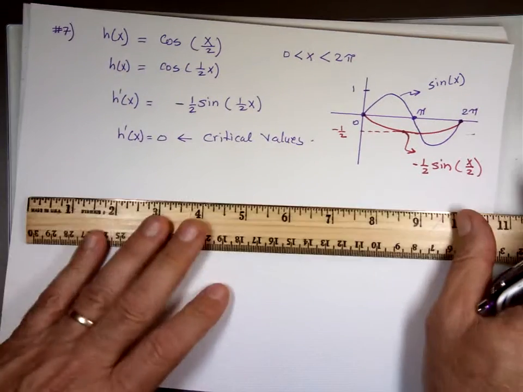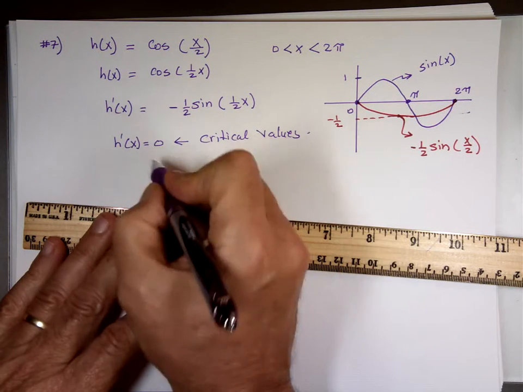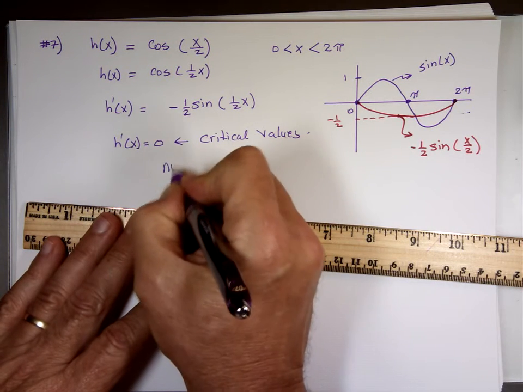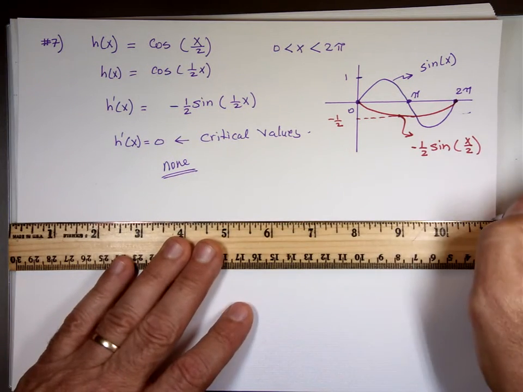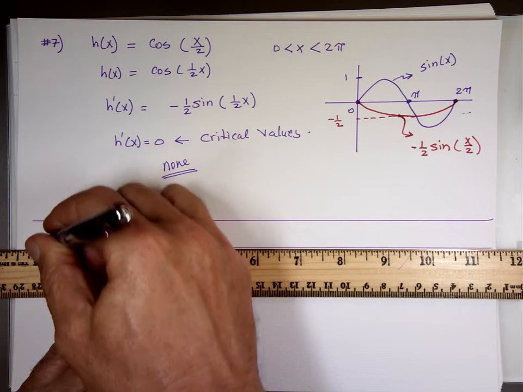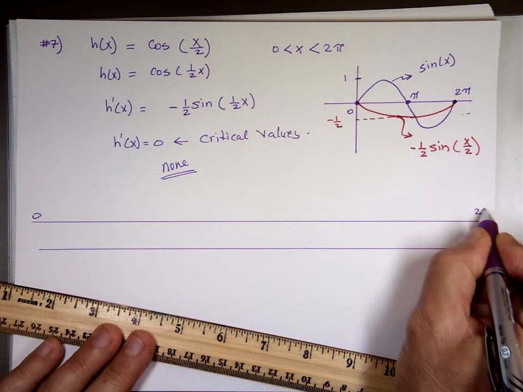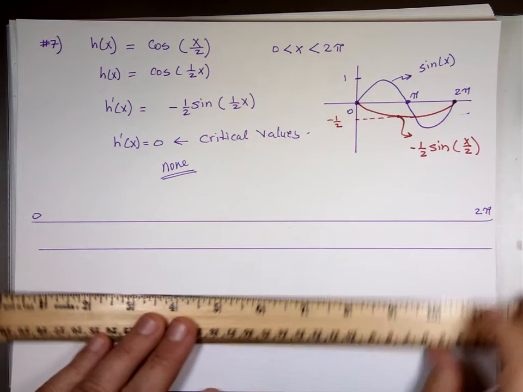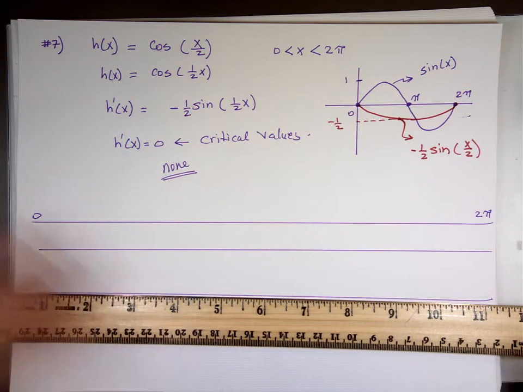I'm going to start from 0. So h of x equals 0 means none. So there's your interval. This is the 0, this is the 2 pi, and there are no cuts. So pick a point. What do you want for a test point? Any point between 0 and 2 pi. Let's use pi.